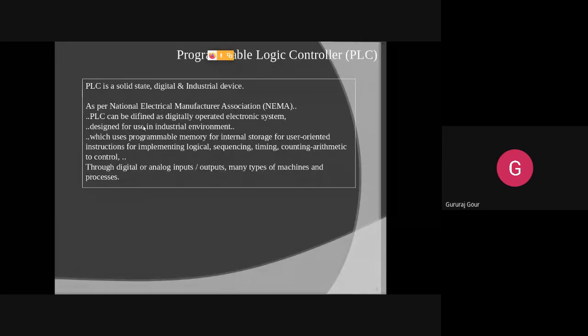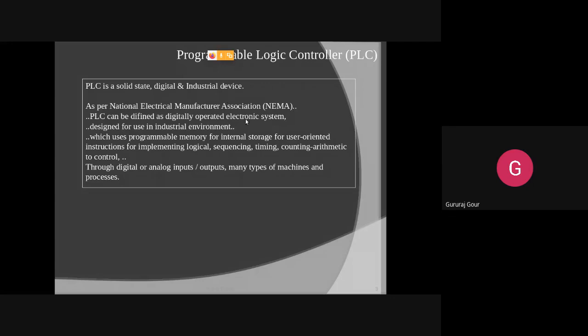So PLC can be defined as a digitally operated electronic system. Each word is important here if you are going to write its definition. Digitally means we have a user interface, operating it with some GUI kind of interface, either zeros or ones or some user friendly notations.